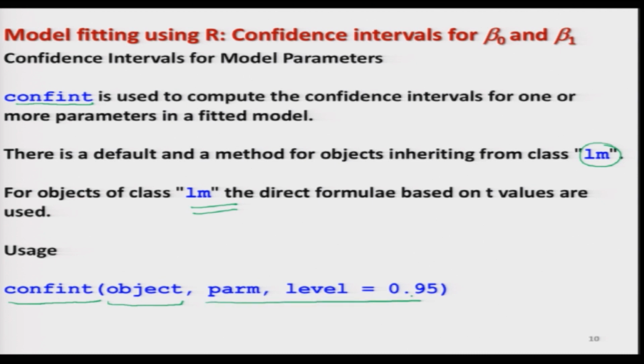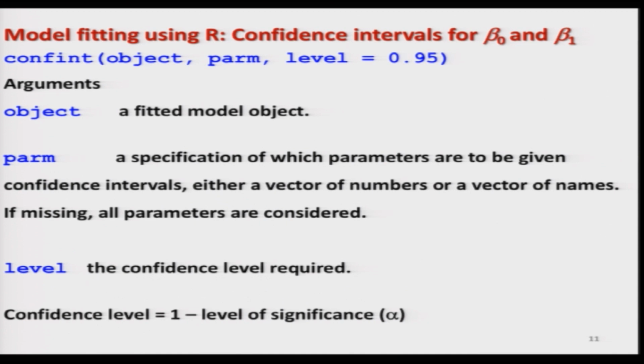There are some different interpretations which you have to keep in mind. When I say object, this is a fitted model, and I will show you with an example also. When I say parm, this indicates the parameters. We would like to tell the software whether we want the confidence interval for the intercept term or the slope parameter, and in a multiple linear regression model, when we have more than one regression coefficient, which parameters we want the confidence interval for, right.